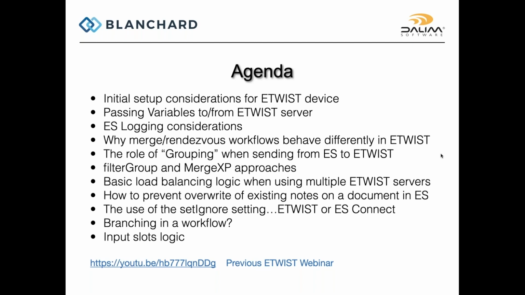So people who are used to running TWiST in a certain way may suddenly encounter something in ETWiST that doesn't work the way you think it should. And what I'm going to concentrate on is some of the merging tools, merge XP, filter group, those kind of things. And what they do actually exhibits one of the main differences between the way the two different types of TWiST servers are architected.